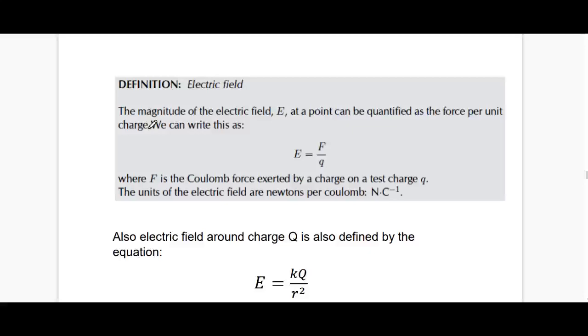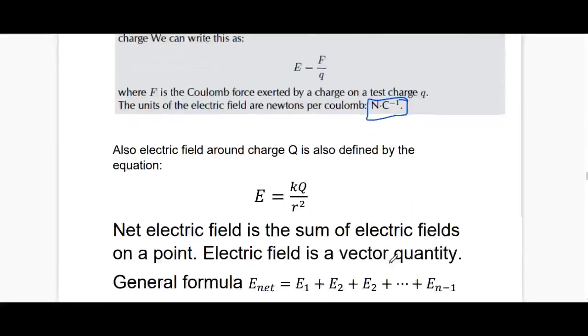You have to know that, oh, it's electric field, you know. And then F is the Coulomb force exerted by a charge on a test charge. Okay, then the units of the electric field are newtons per coulomb. Very important, newtons per coulomb. Okay, so you have to keep that in mind when calculating electric field.